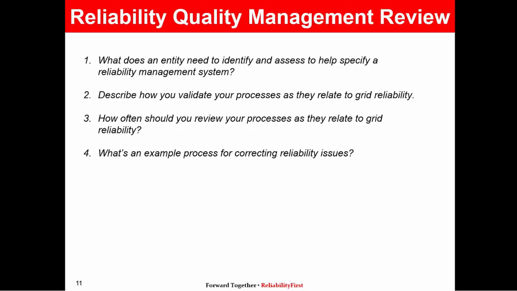Question 2, describe how you validate your processes as they relate to grid reliability. And so the answer to that should be to perform an analysis as identified within Act 2.1 and 2.3.